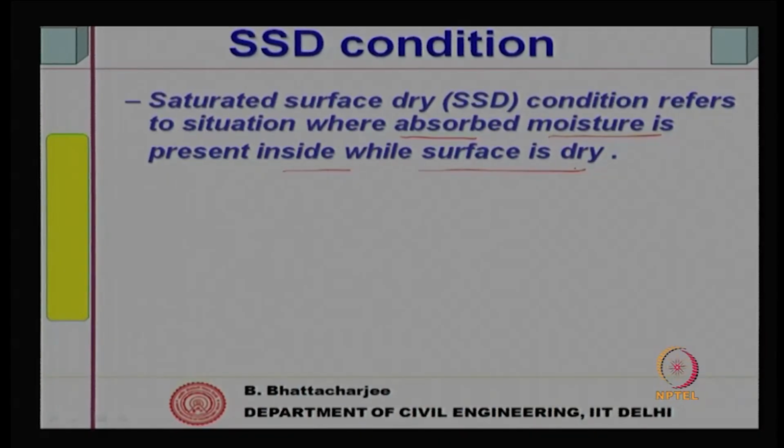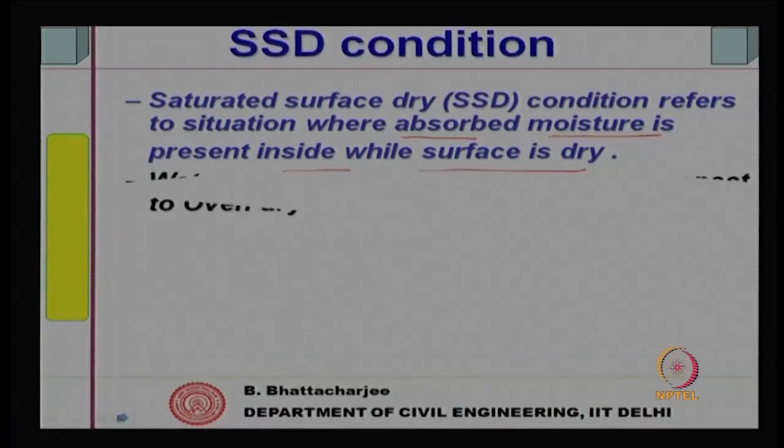But saturated surface dry means inside there is water, outside the surface is dry, which you can find out by wiping the water from the surface using a flannel cloth or something of that kind, or even by visual observation. While drying sand, the color would change suddenly from wet to the surface dry state, right.